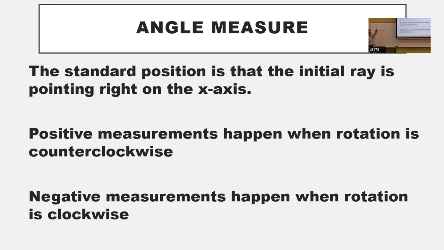This is what I drew on the board. This is how I rotated it when I was doing that. So a counterclockwise rotation is a positive rotation. And a negative rotation would mean I would go clockwise from my initial ray.